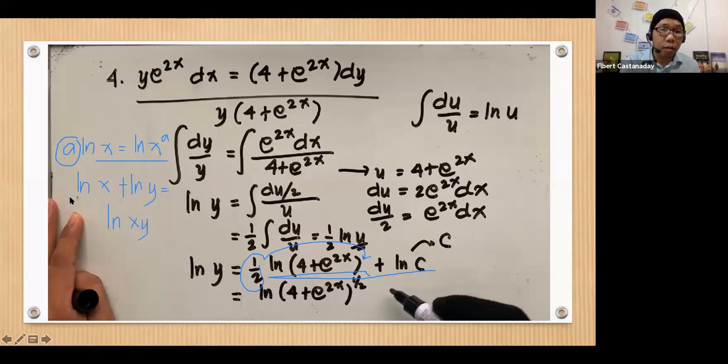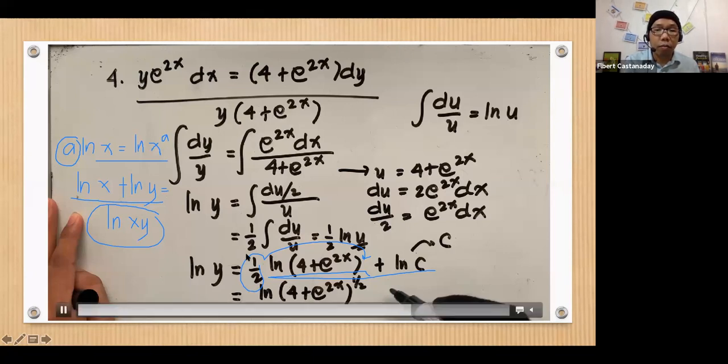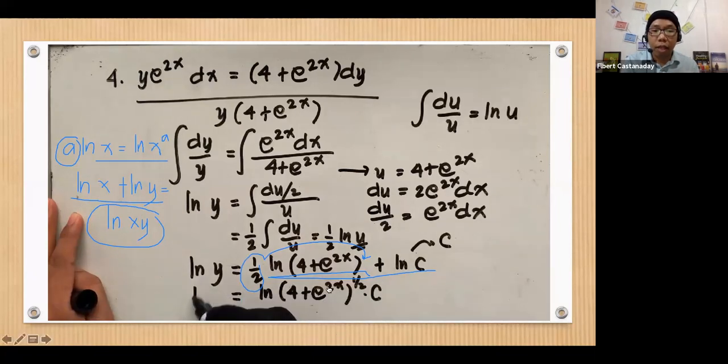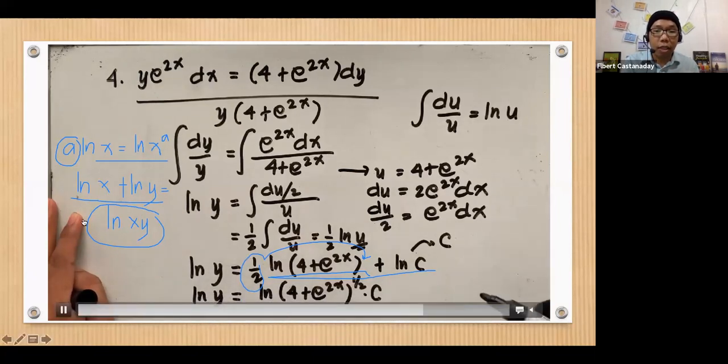So that's how you can combine them into one term. Just like this. So the coefficient here, you have 1/2, so you must be able to remove this one, and by removing that, you can transfer it here as an exponent of your argument, and then plus c. Okay, clear? Then let's continue this one. So we multiplied, so times c, utilizing this property.